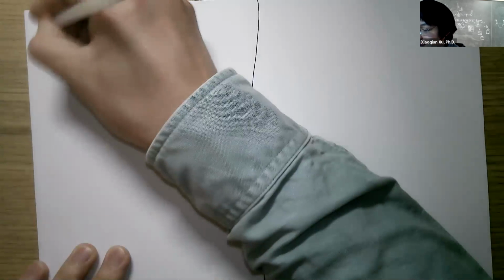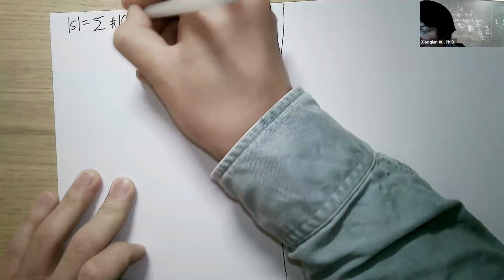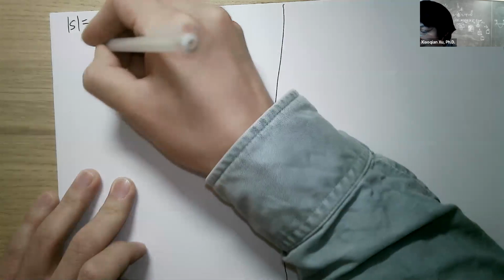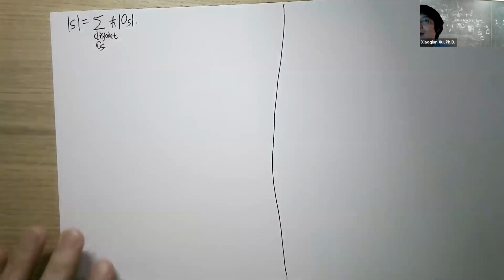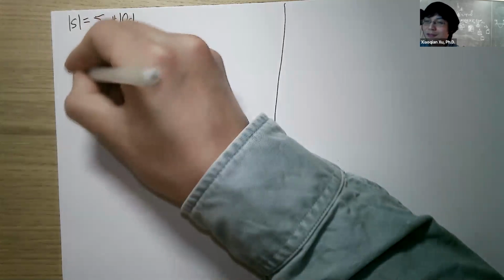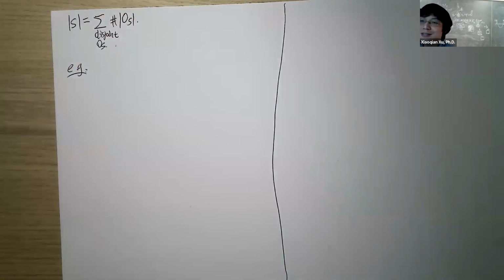that means the number of elements of S is equal to the summation of the sizes of the disjoint orbits, right? So we have this relation about how to count the total number of elements of S. From this equation, sometimes we can do some computation.